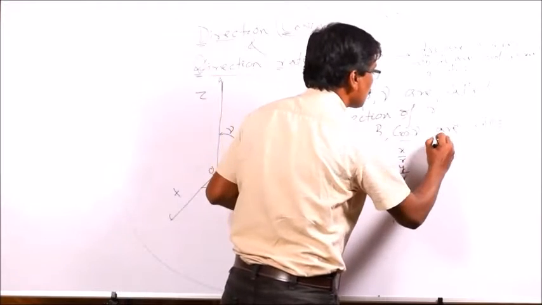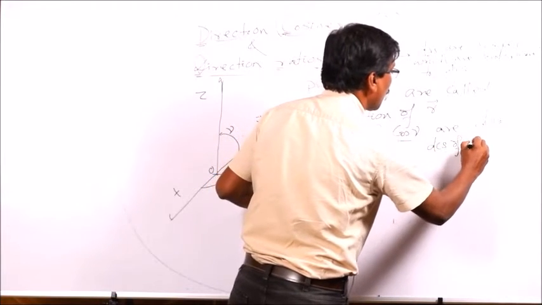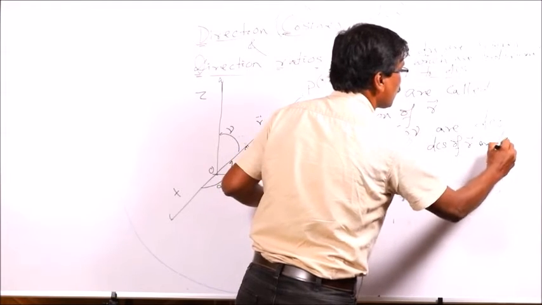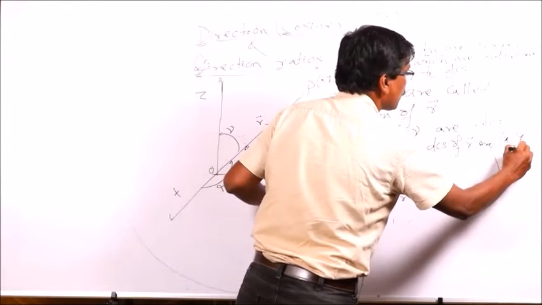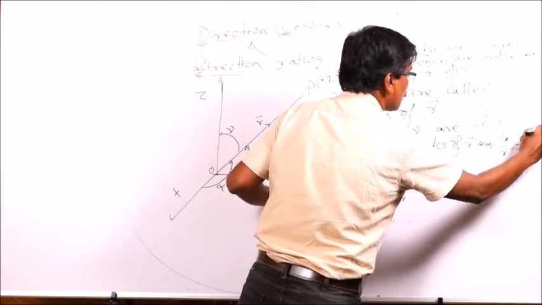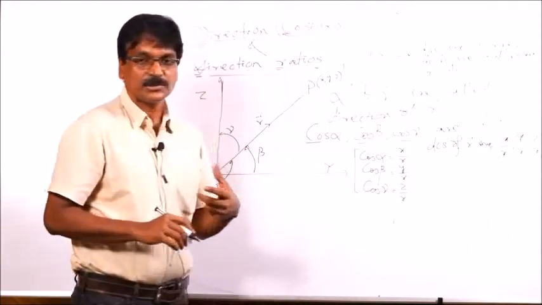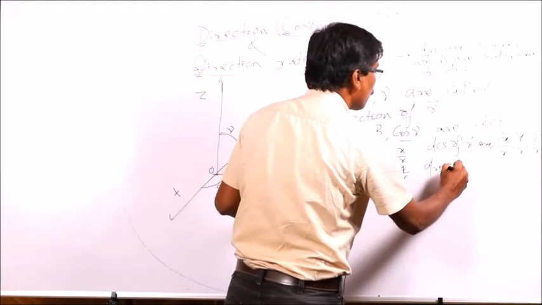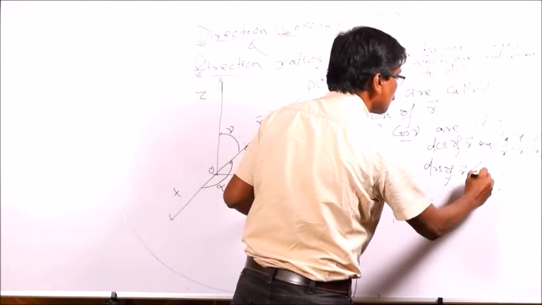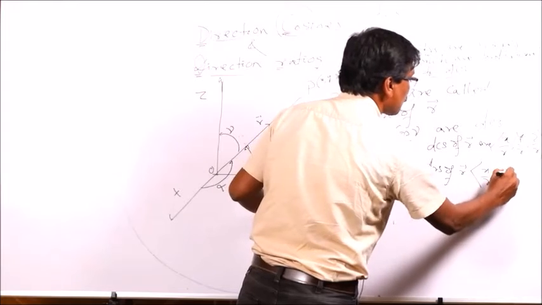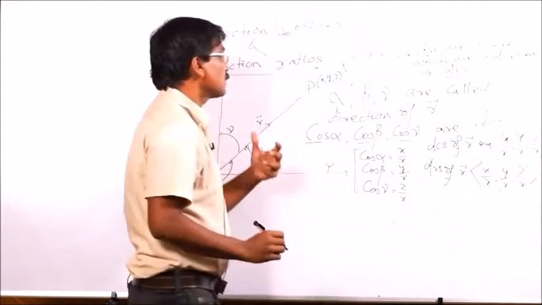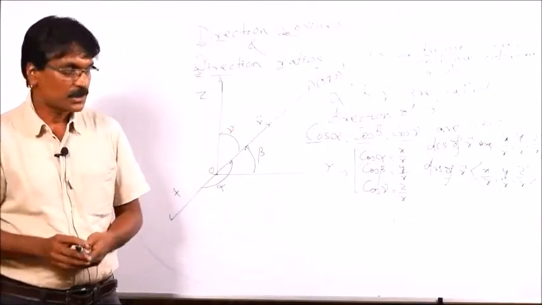Subsequently they are also direction ratios. So direction ratios of r vector are also x by r, y by r, and z by r. So this is all about direction cosines and direction ratios.